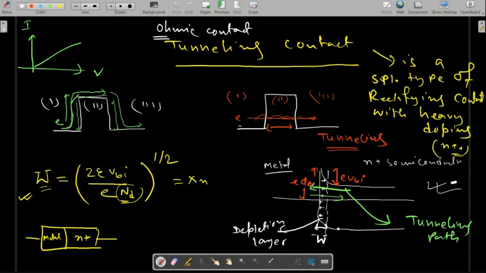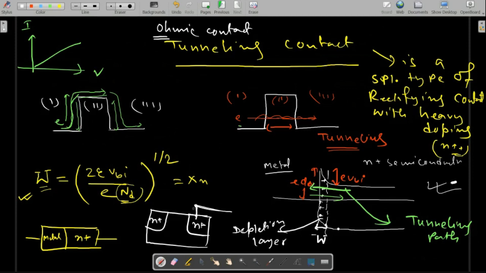And basically there will be no voltage drop. So in a MOS device, going back to our topic, if you see the source and drain regions, they are N+. This is a metal wire, and the source and drain region is N+.